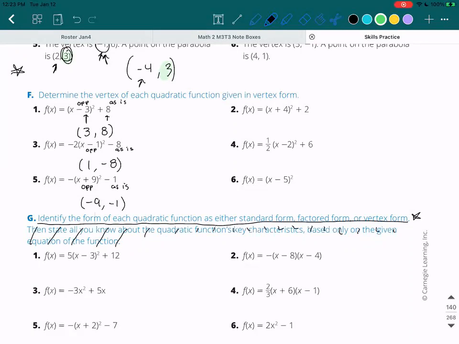So we're going to identify the form of each quadratic function as standard form, which looks like this, or it could be factored form, which looks like this, or it could be vertex form, which looks like this.